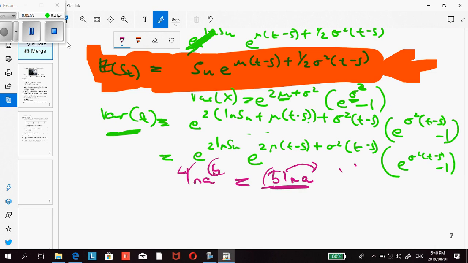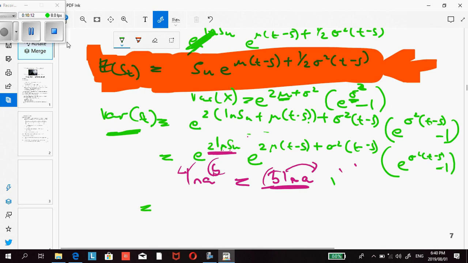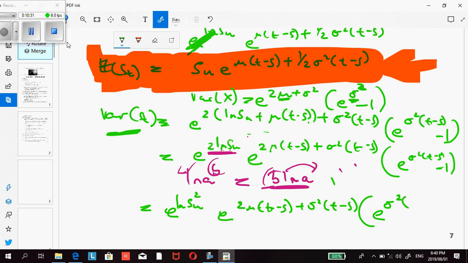So what I'm actually going to do here, I'm going to take this 2 and put it up there, since we have the natural log. So what I'm going to have here is e to the power of natural log of S_u squared multiplied by e to the power 2 mu into (t minus s) plus sigma squared into (t minus s), all that multiplied by e to the power of sigma squared into (t minus s) minus 1.